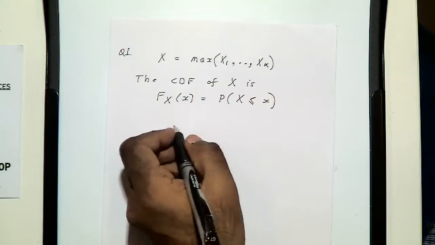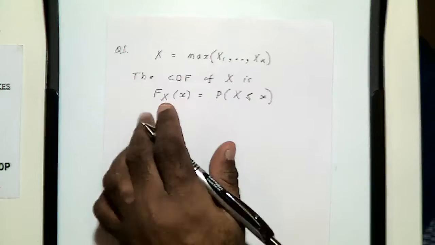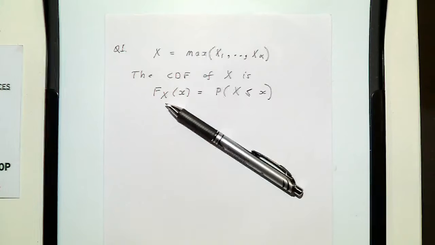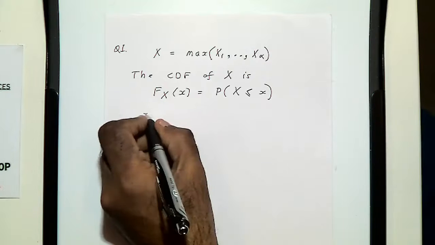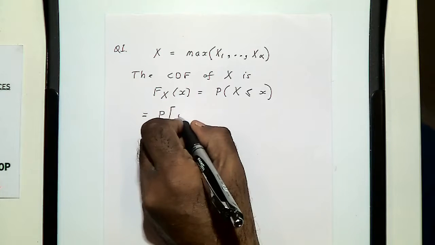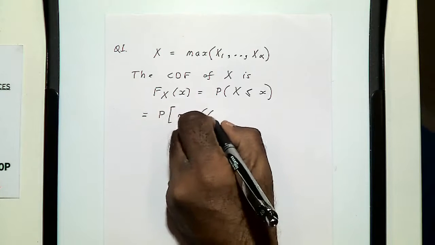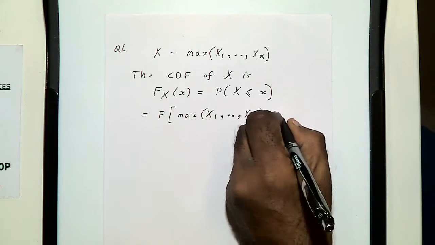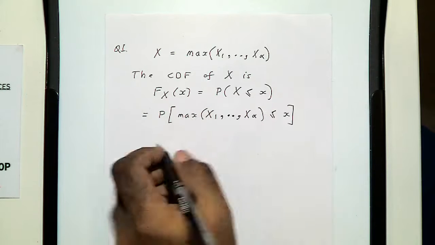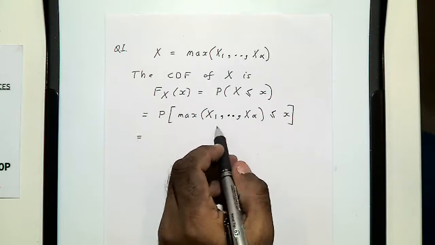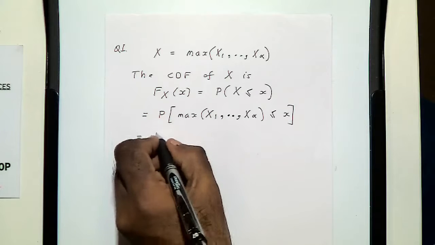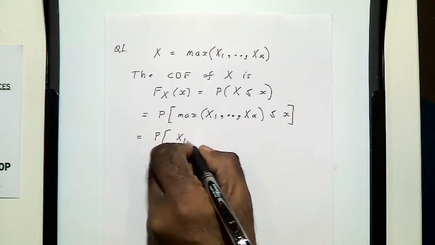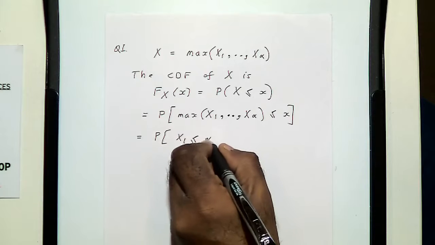You write this as the probability that the max of x1 to x alpha is less than or equal to x. Because the maximum is less than or equal to x, each of the random variables has to be less than or equal to x.